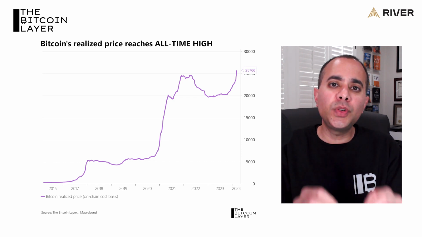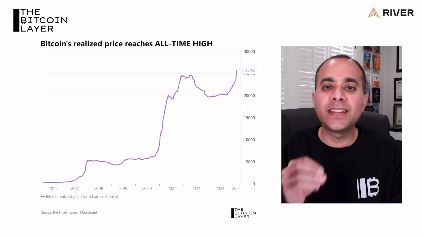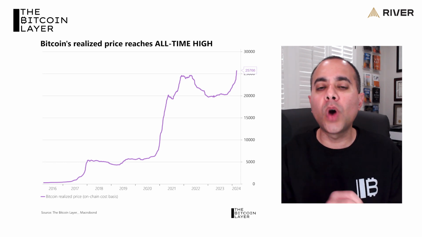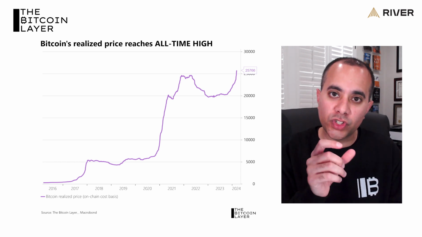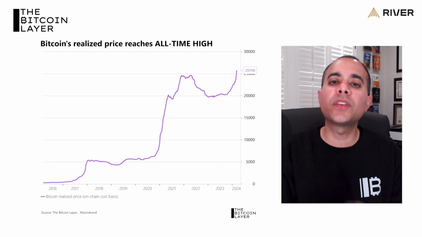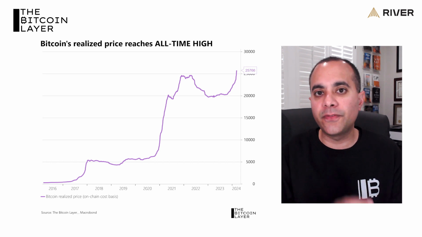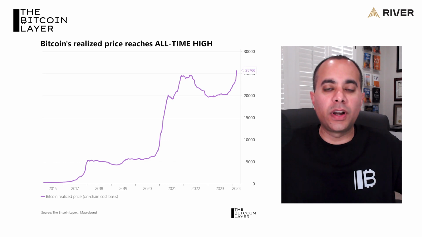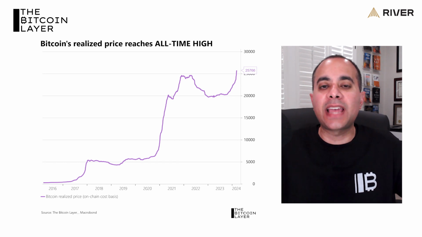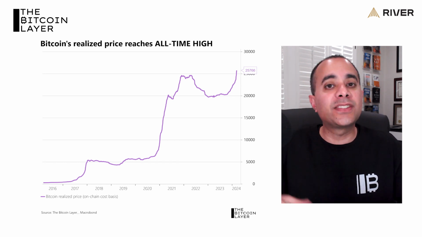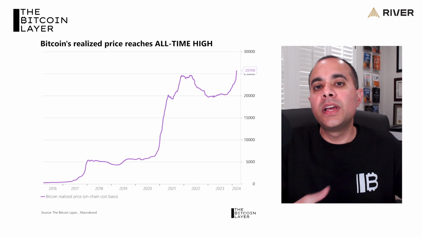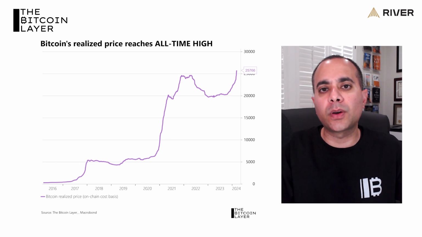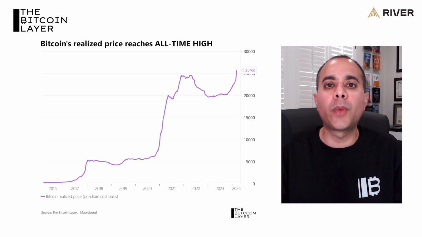So if all those UTXOs are 8, 9, 10, 11, 12 years old, what is the realized or stored value of each one of those UTXOs? It's very low. Therefore, the aggregate realized capitalization of Bitcoin is going to be lower than the market price of Bitcoin and the market cap of Bitcoin when we are in a bull market.